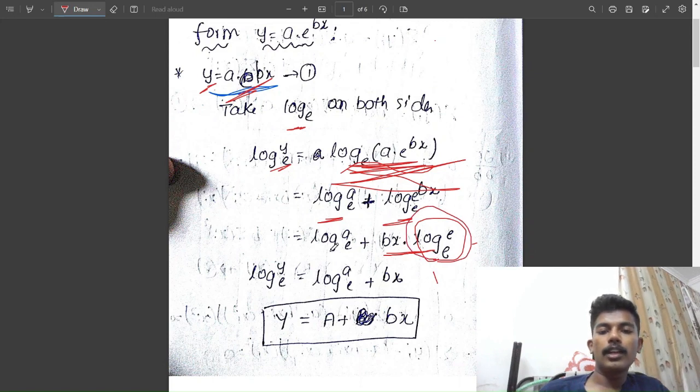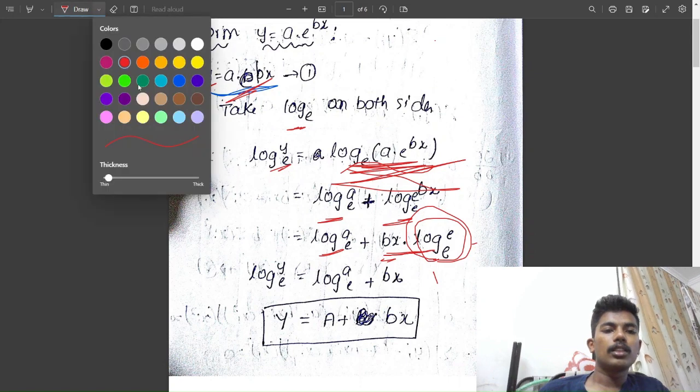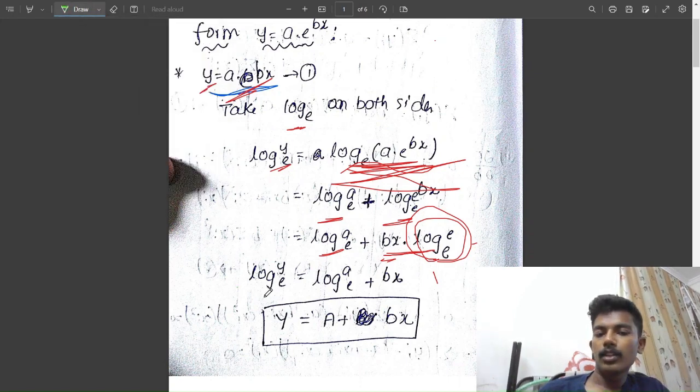So, we will only get log a to the base e plus bx. Hence the obtained equation is log y to the base e is equal to log a to the base e plus bx.